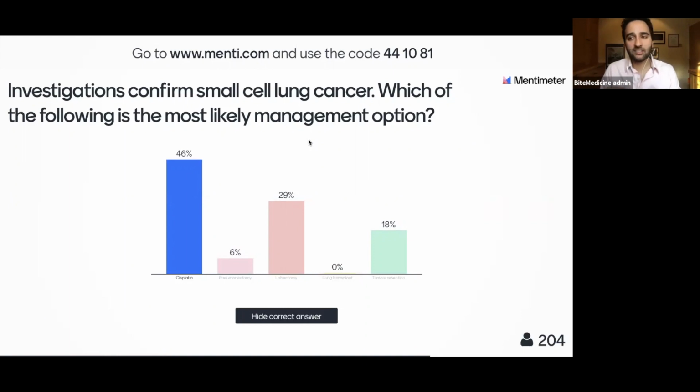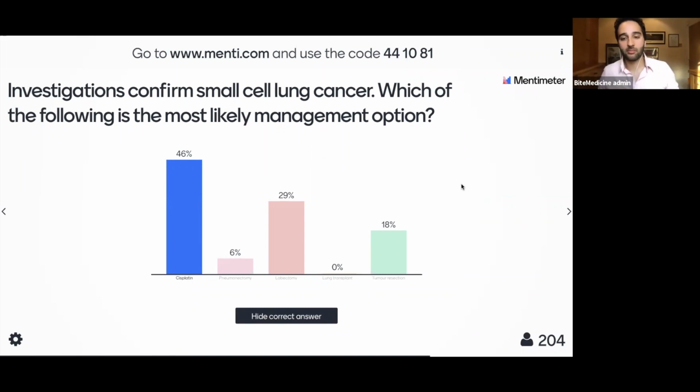So only a tiny proportion of these patients are going to be suitable for surgery. That's why the most likely management option in this patient is going to be chemotherapy rather than any of these other options. Certainly not a lung transplant or resection. We'll talk about the exact indications for when you may consider surgery in a patient like this, but it's only a tiny proportion of patients.